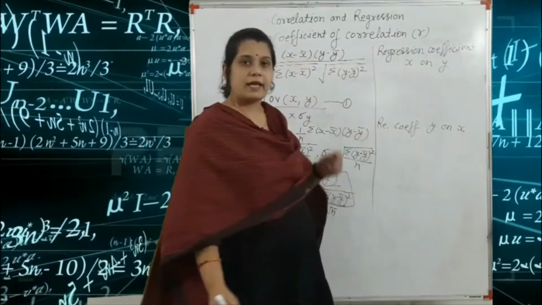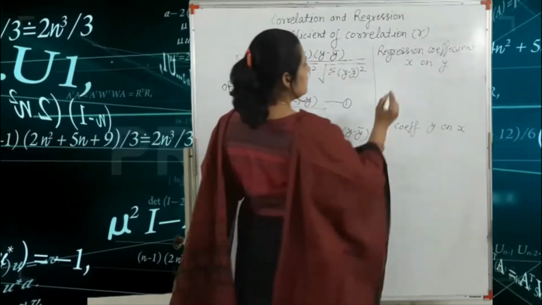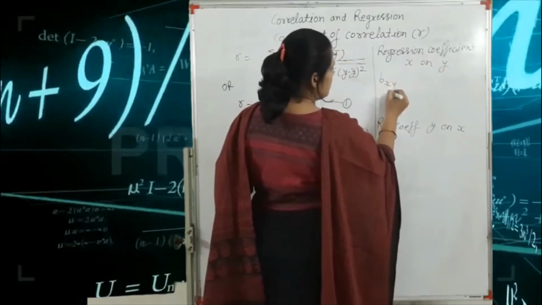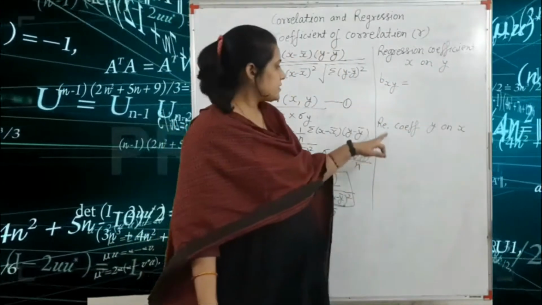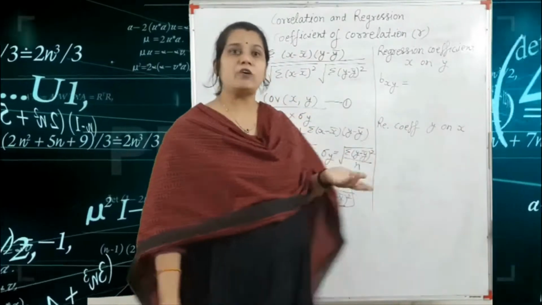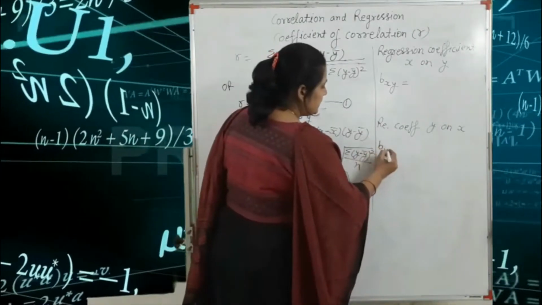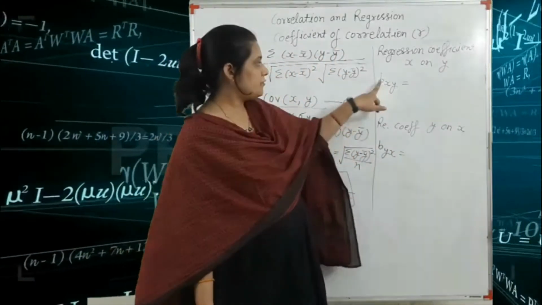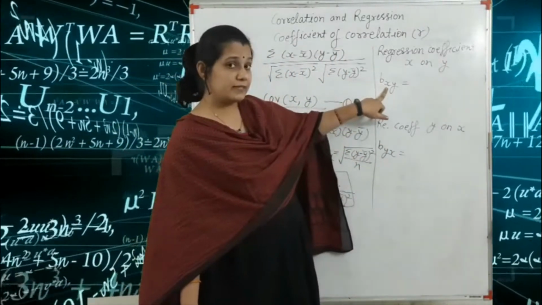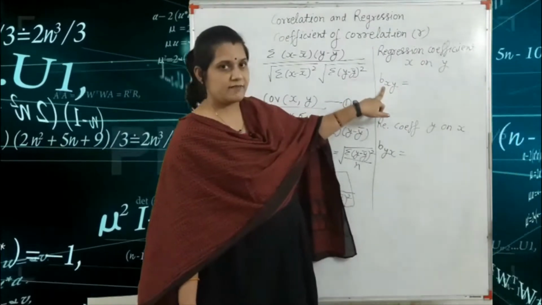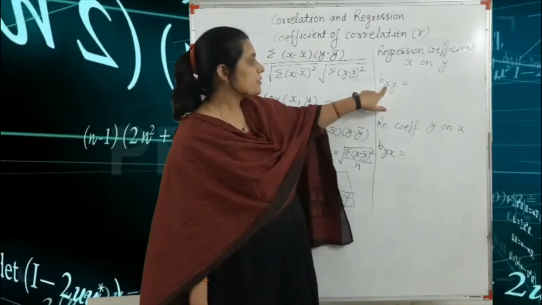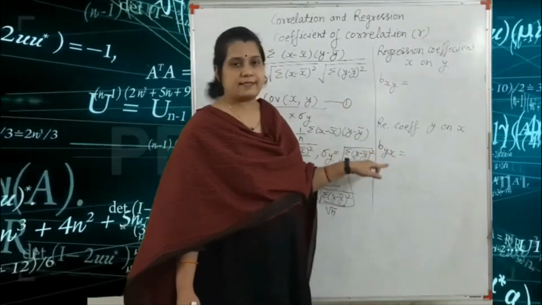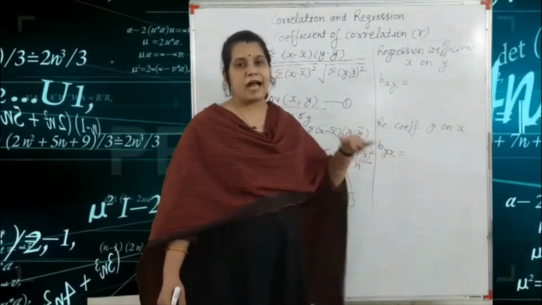So regression coefficient x on y we write as bxy, and regression coefficient y on x we write as byx. In the suffix, xy we read as x on y, and yx we read as y on x.